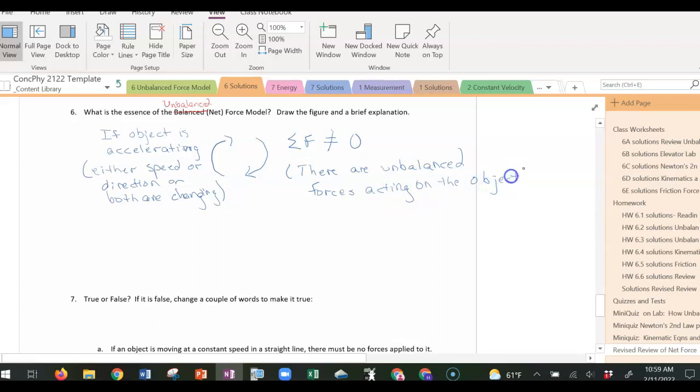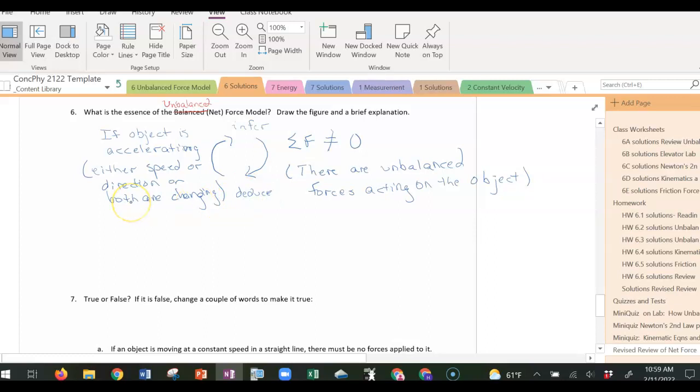So if you know the left-hand side, you can infer that the right-hand side is true, and vice versa. If you look at all of the forces on the object and you find out that they do not add up to zero, then you can deduce that the left-hand side is true.